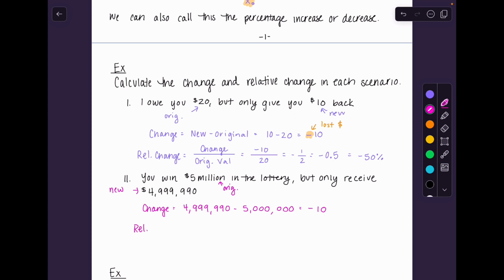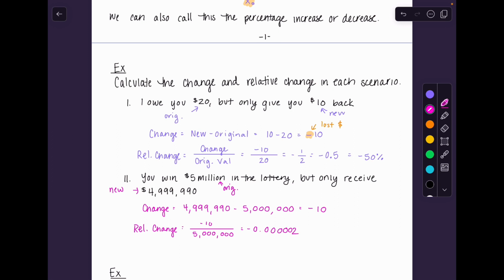So all we do to find our relative change is we see what percentage this is of our original quantity. So we take the -10 and we divide it by our original amount, which is 5 million. So you can plug this into your calculator. You're going to see it is a ton of zeros. So it's 1, 2, 3, 4, 5 zeros followed by a 2. Okay.